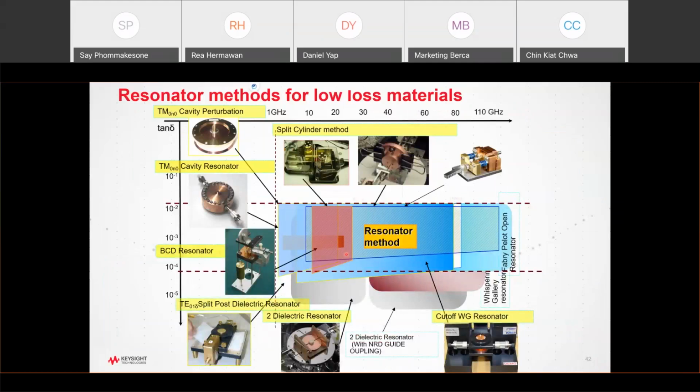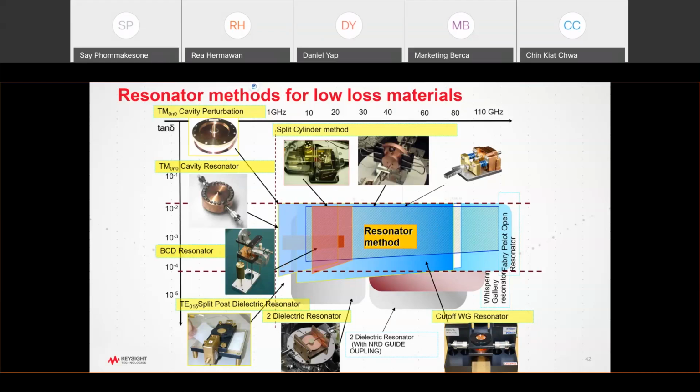So based on that, which fixture should you use? Again, this is based on the loss tangent value or the imaginary part of your permittivity. So this balanced resonator can actually measure much lower loss tangent values, and this one here gives somewhat equivalent to this fixture, but only a single frequency.